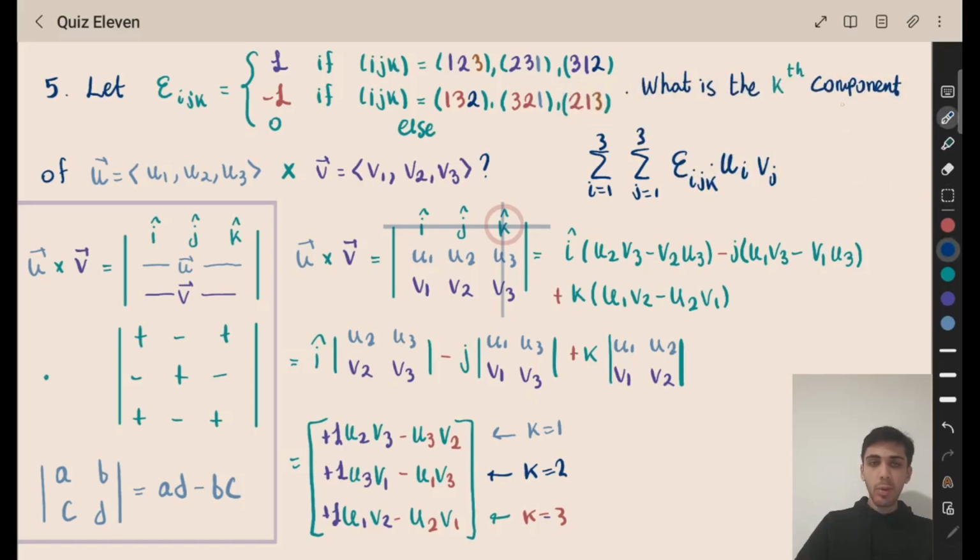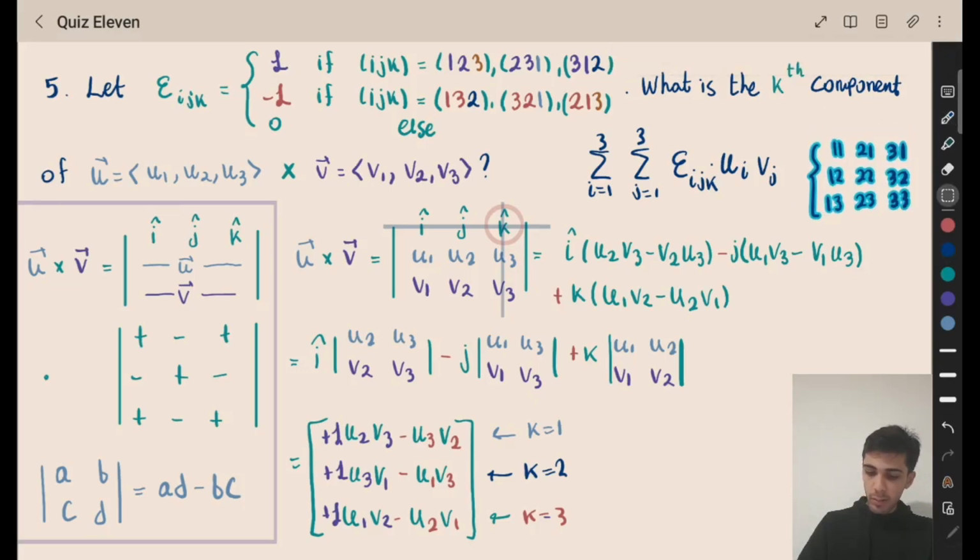Now let me write all the 9 indices that we'll have. We will have 1 1, 1 2, 1 3, 2 1, 2 2, 2 3, and now finally 3 1, 3 2, and 3 3.